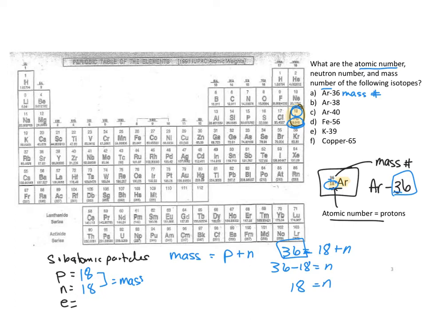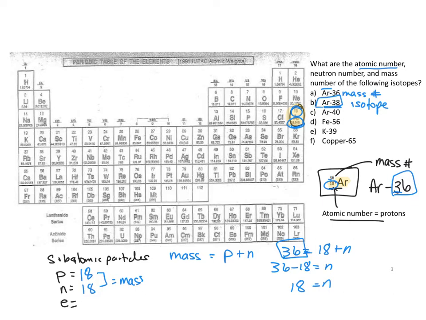That is the average atomic mass, which is different than this. This is of a single isotope. You can have several isotopes that come together and average to get the number you see on the periodic table.